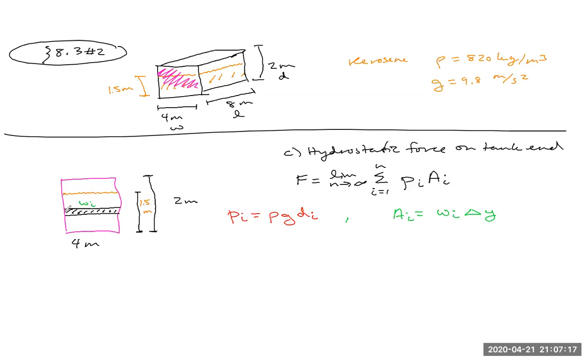So this point here would be y_i star, and the width of that strip, strip width delta y. Okay, so let's start with the depth part.